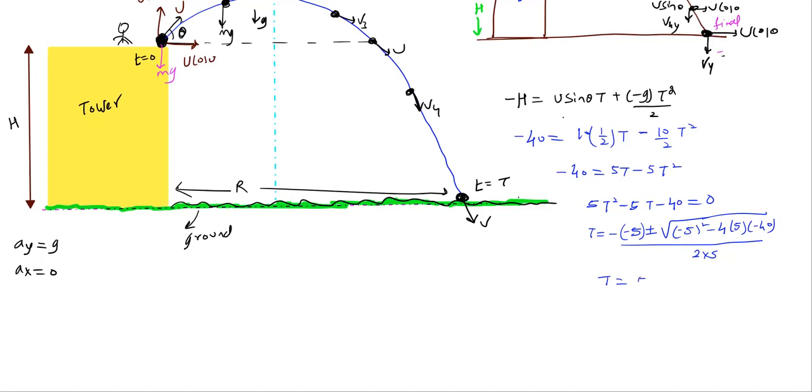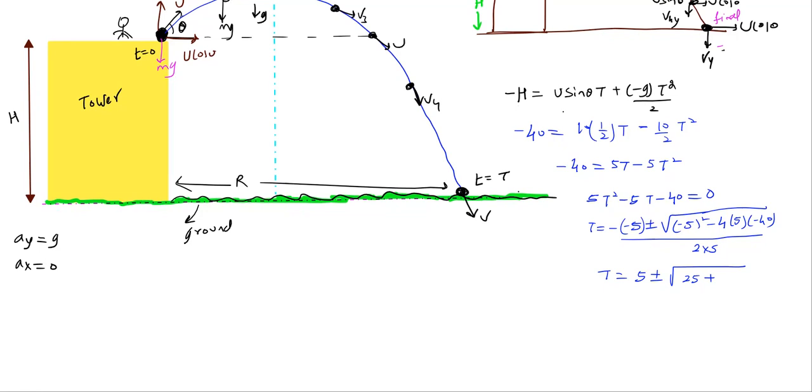Solving this, 5 plus or minus 25. This will be 4 5s are 20, 800, by 10. Okay, we'll get 825 by 10, root of 825.